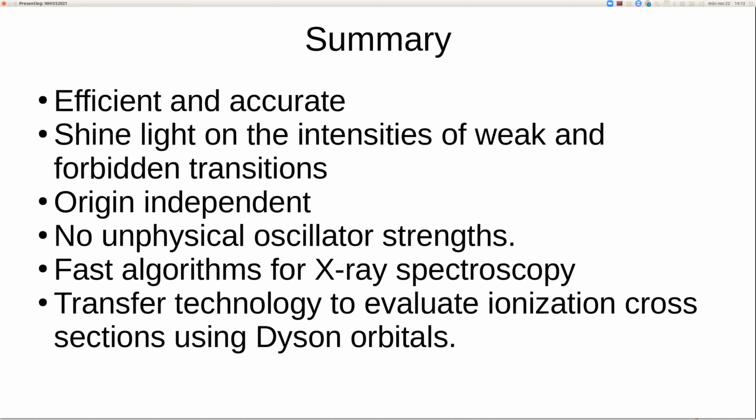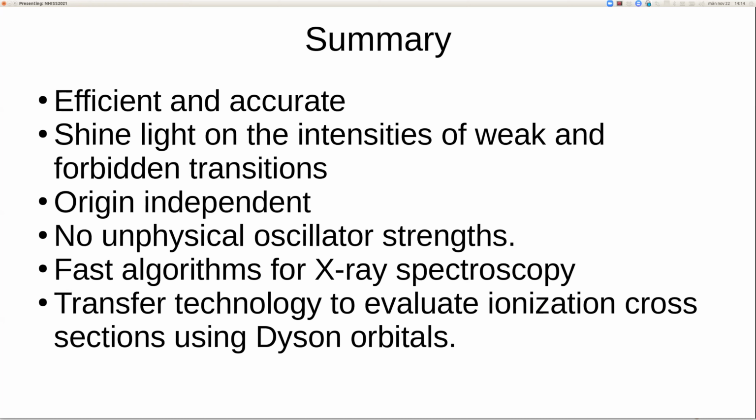So let me re-summarize here. We have found that using the exact operator, you get a very efficient way of computing oscillator strengths. It's accurate. It gives you the possibility now to also shine light on transitions that are weak and forbidden and compare those with those that are dipole allowed. Again, this formalism is now origin independent, and it's different from the truncated approaches.